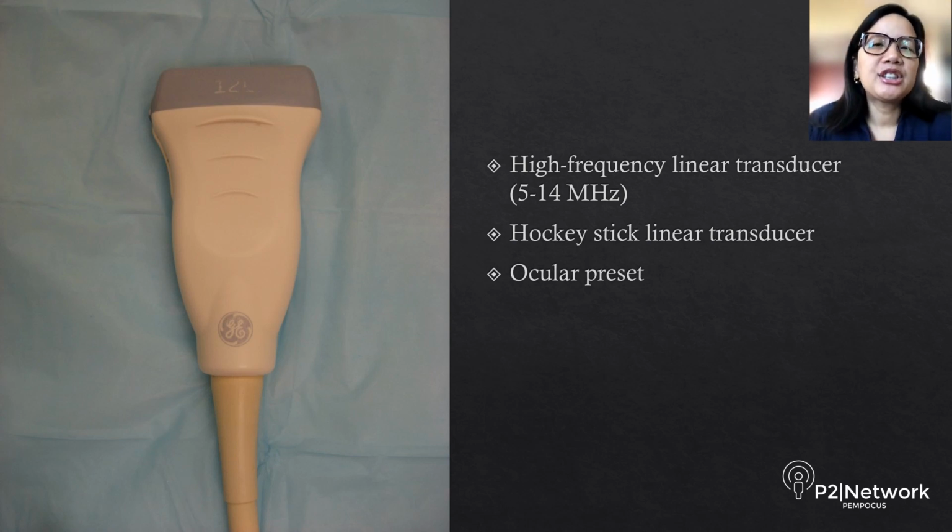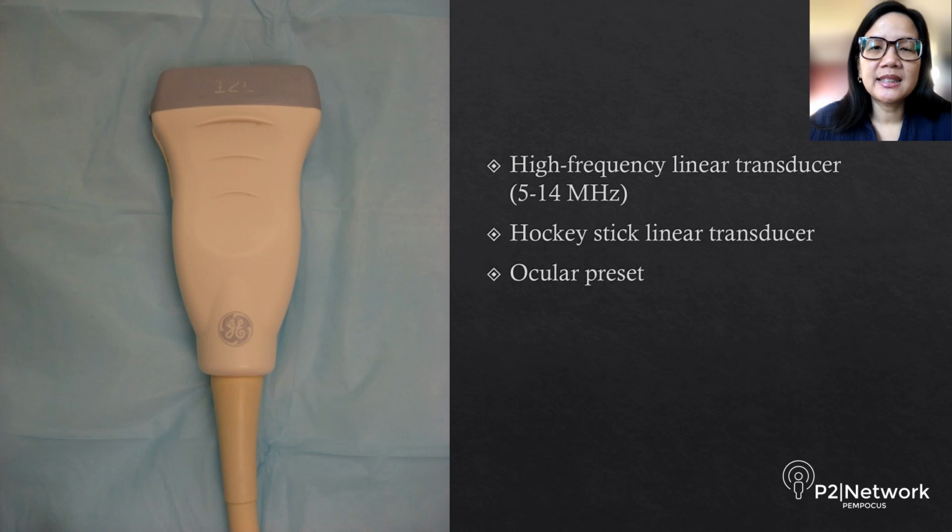For this application, because the structures of interest are superficial, you want to use a high-frequency linear array transducer. If available, it's preferable to use a linear transducer that has a smaller, less wide footprint, such as a hockey stick linear transducer, so that you can maximize contact between the probe and the closed upper eyelid.